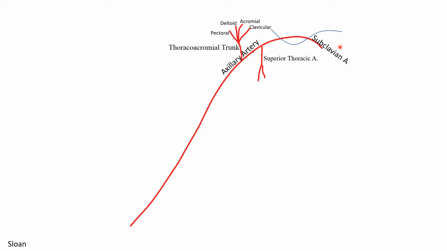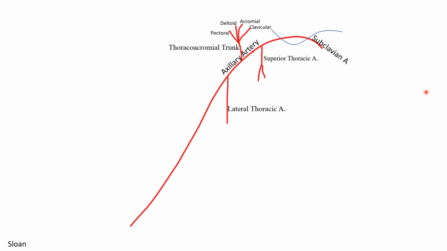And keep in mind what I've drawn is a 2D figure here. So you know, this is obviously a 3D structure, so these aren't going to be in order from left to right like this. These are going to their destination, maybe anterior, posterior, medial, or lateral. But these are going to be the 4 main branches off of the thoracoacromial trunk.